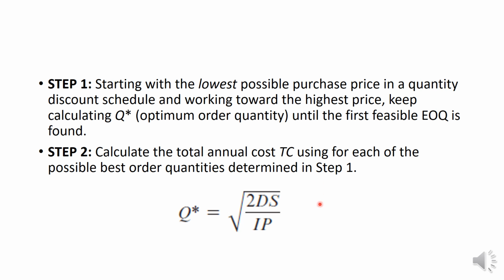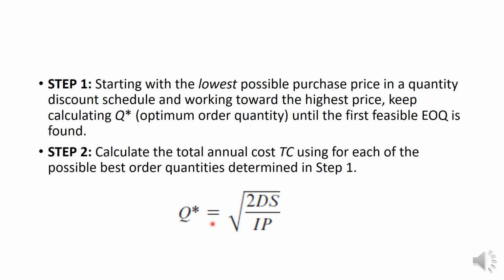In this, how do we achieve the quantity discount model quantity? We have to start with the lowest possible purchase price, as I already mentioned in the graph, in a quantity discount schedule, working toward the highest price, the second least price. And 2 EOQ has to be found.